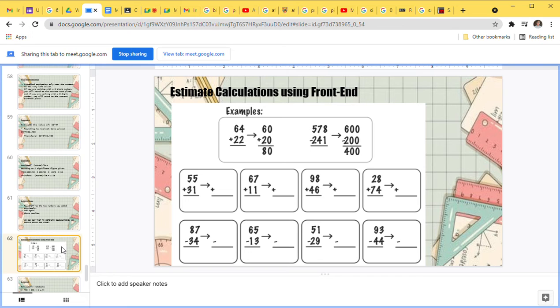So if we have 55 plus 31, please write this because remember this is in your assignment. Please write this and we'll go over this together. Because in 55 plus 31 we just have 2 digits, to what would we round off?